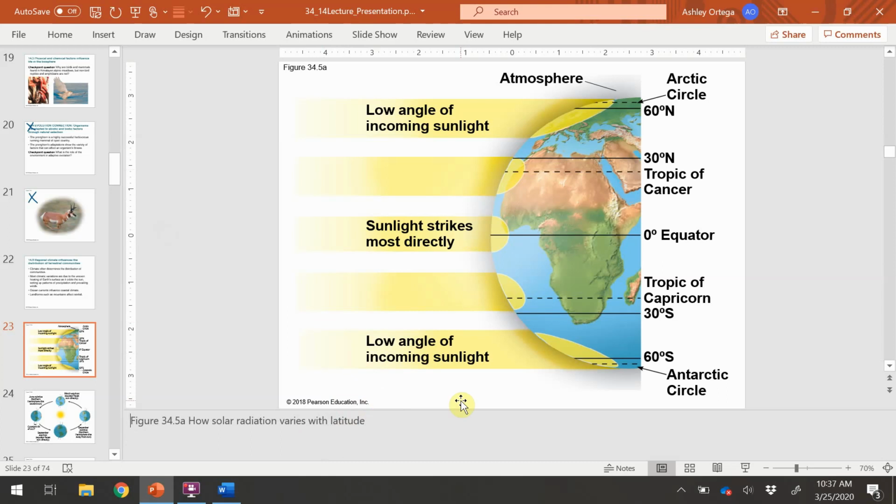And so here, looking at the Earth and how the sun hits, it's going to strike most directly in the center, on the equator. As the sunlight is coming from the sun, going straight horizontally, it's going to hit most at the equator. It means for this region, the sunlight is going to be most intense here.